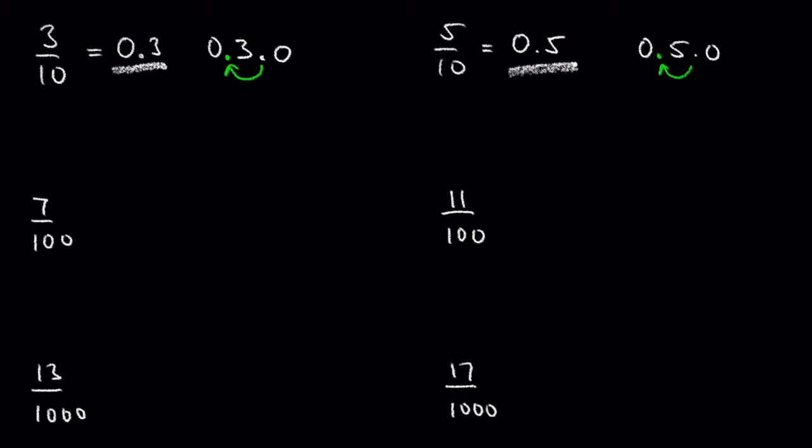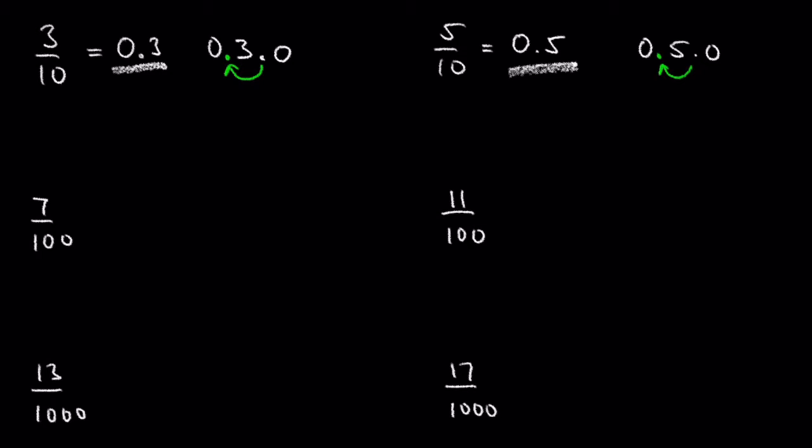Let's look at the fractions 7 over 100 and 11 over 100. These two fractions have 100 in the denominator, which means dividing by 100, which in turn means we can move the decimal point 2 places to the left.